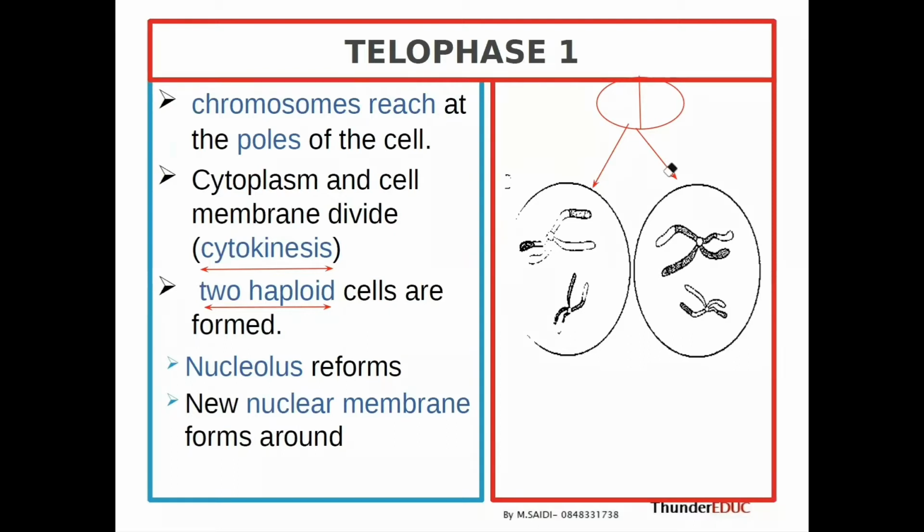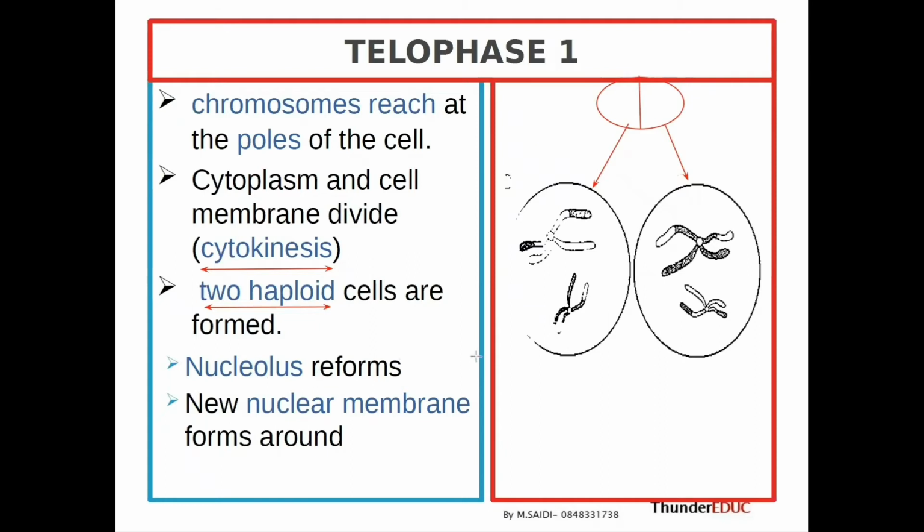Let me put this one like this and show that arrow there a little bit, on the side. Okay, so now we're having 2 cells. The cell splits into 2, so there are not 3 cells there. 2 cells in telophase.